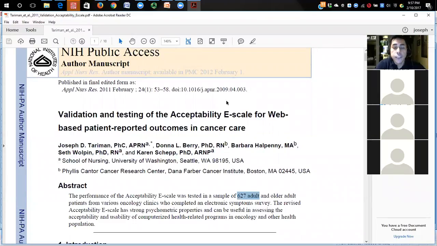All right, so that's the last step of exploratory factor analysis, is to run Cronbach's alpha of each subscale that the entire item bank created.